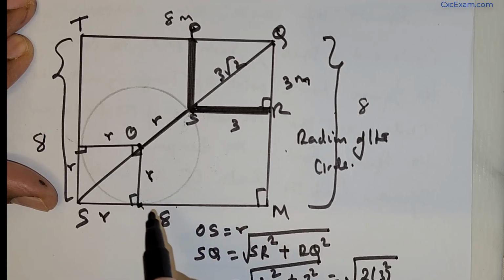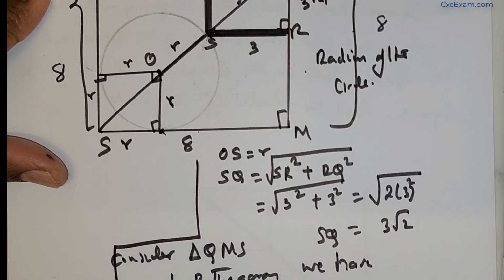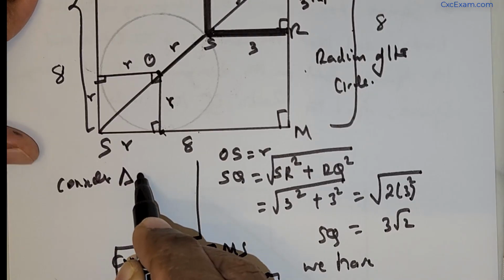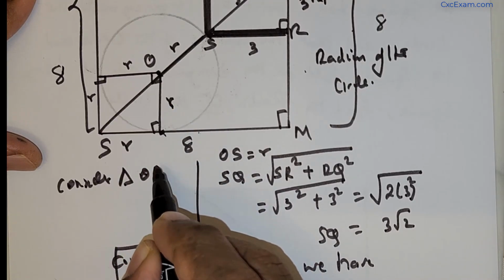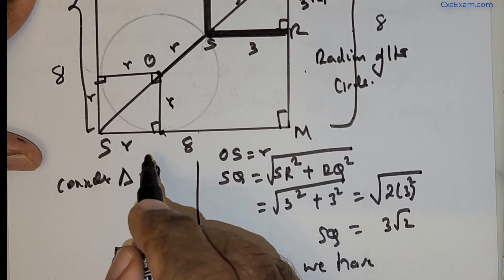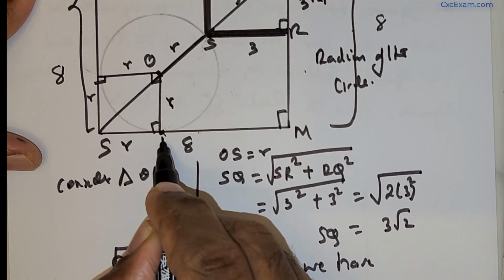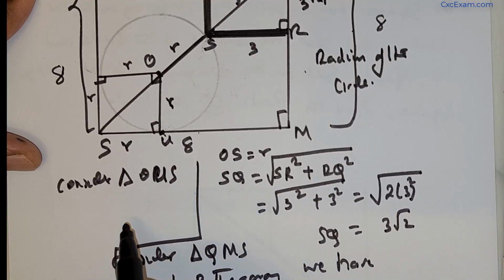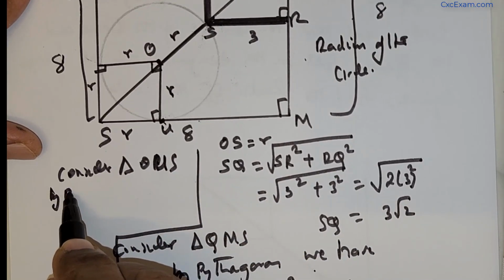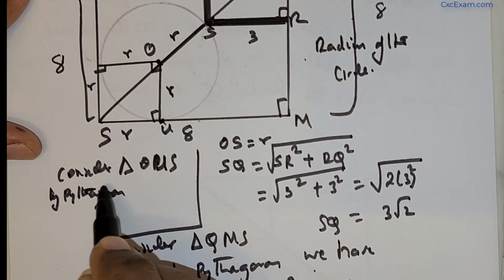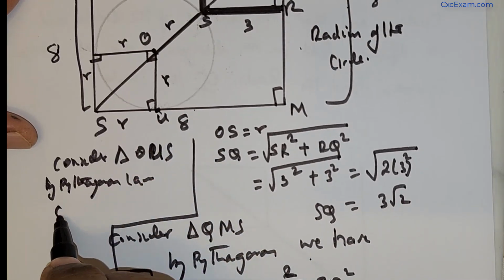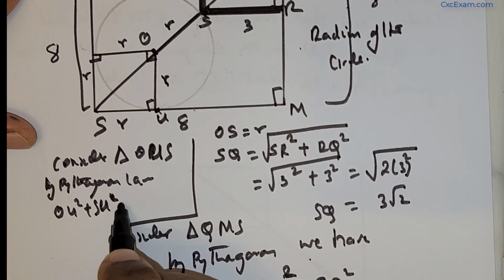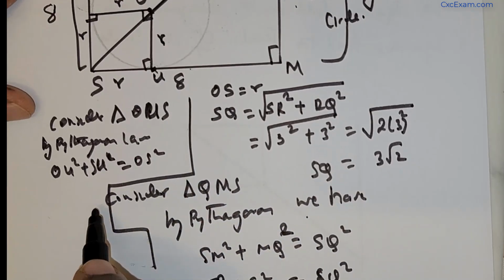So if I were to consider triangle, say OUS, by Pythagoras law, what do you get? You get OU squared plus SU squared is equal to OS squared.